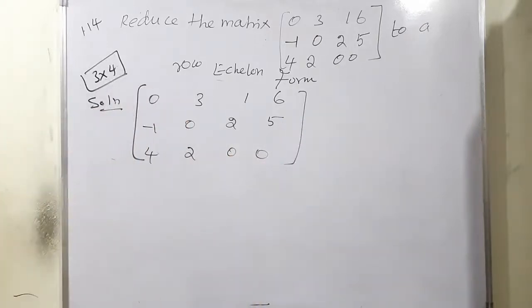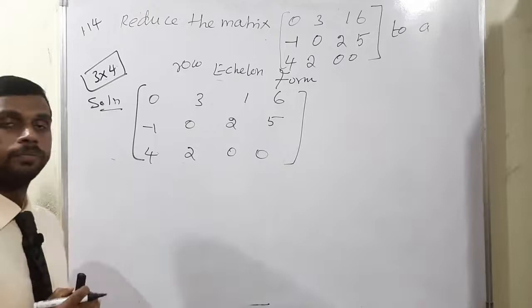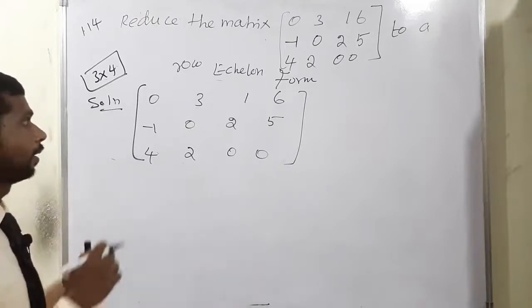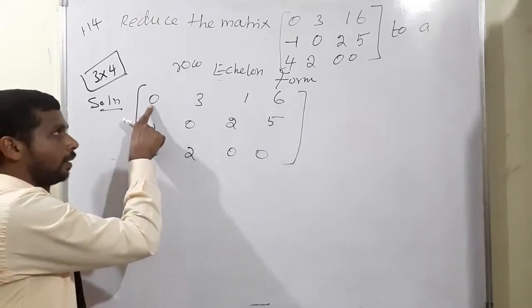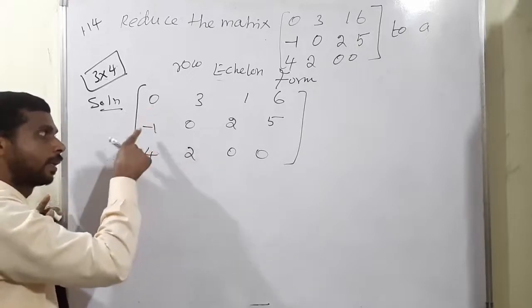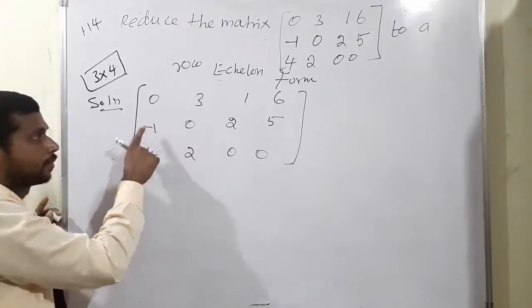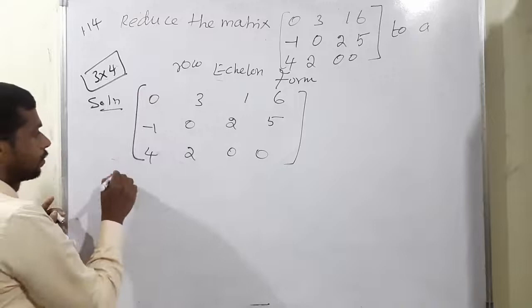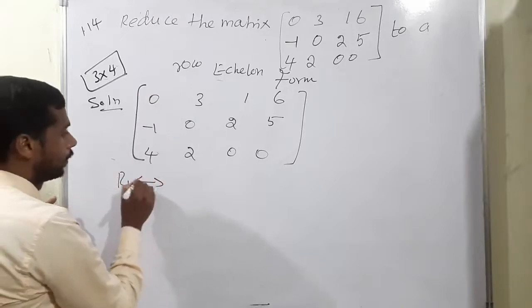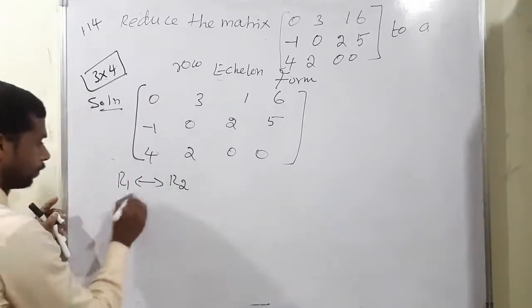So listen. What is the meaning of row echelon form? When the non-zero digit starts... But here, the first term 0 is there, but the second one is a non-zero term. First we have to interchange. So R1 interchange R2.